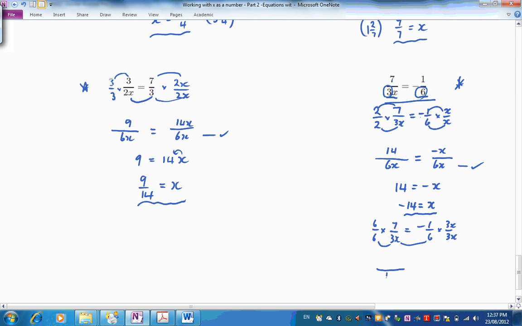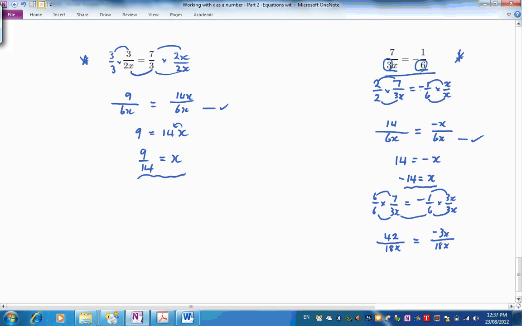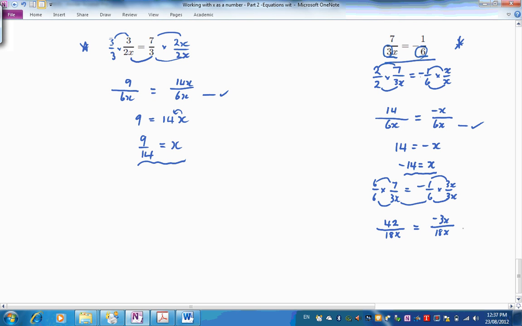6 by 3x is 18x, and here 6 by 7 is 42, equals 6 by 3x is 18x, and neg 1 by 3x is neg 3x. So if we come down a bit, the bottom lines are still the same, and here we have the numerators or the top lines, 42 equals neg 3x.